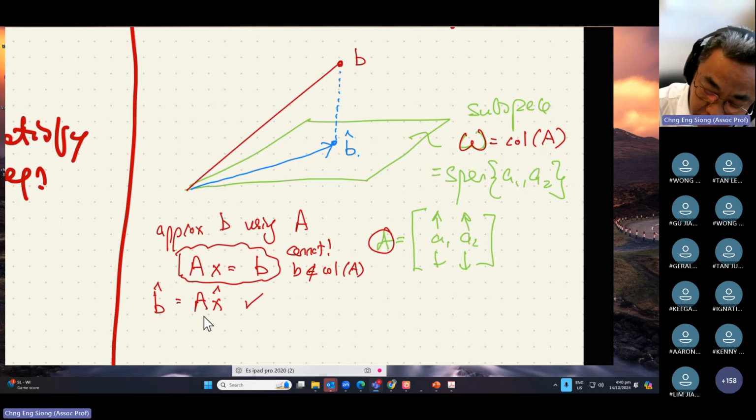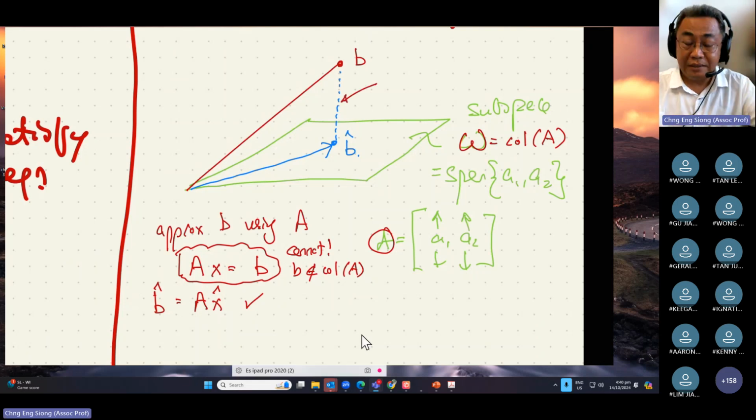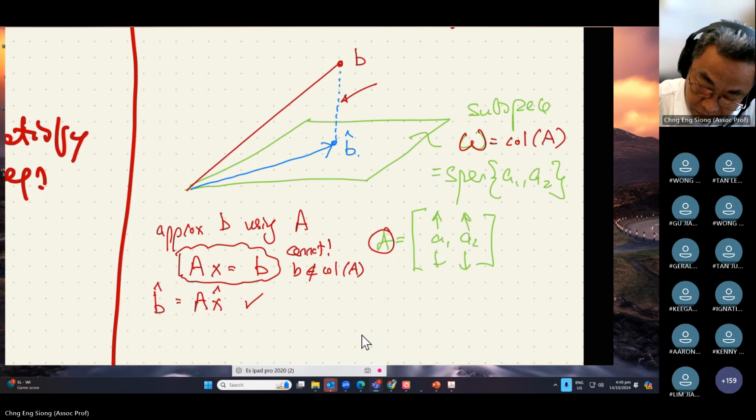All right, now, what do we call this vector? Can someone type, please? Error.